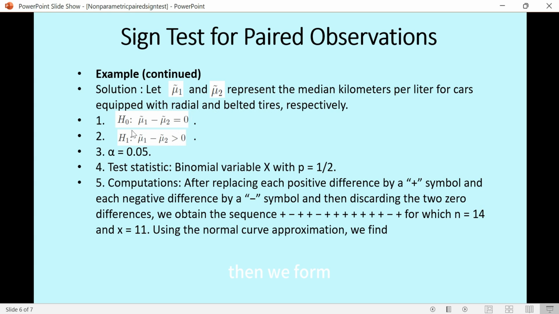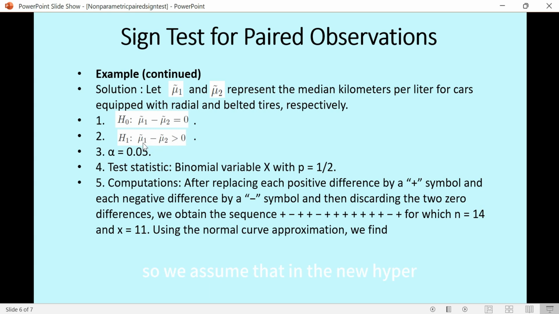Then we form the null hypothesis: mu1 hat minus mu2 hat equals 0, which assumes there is no effect for radial tires and these two median values are equal. The alternative hypothesis is mu1 hat minus mu2 hat larger than 0, where mu1 hat is for the new radial tires and mu2 hat is for the regular tires.